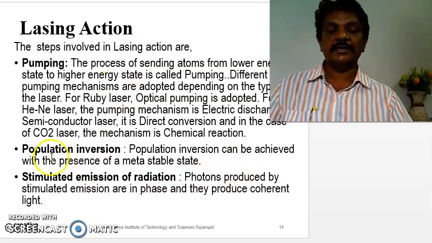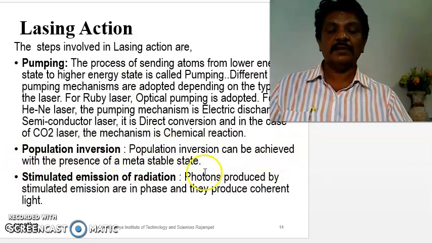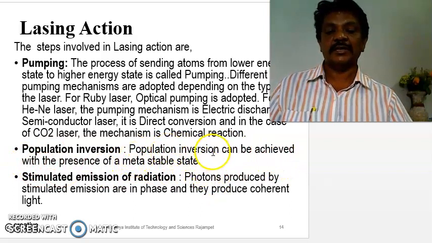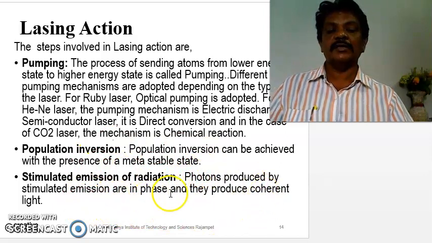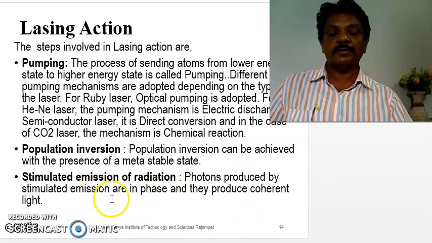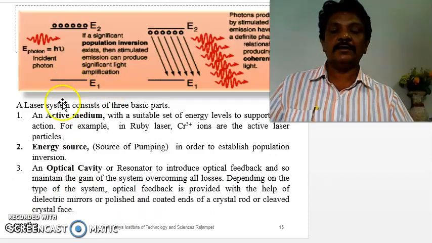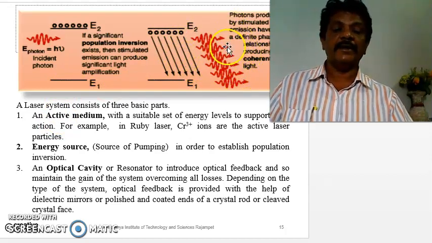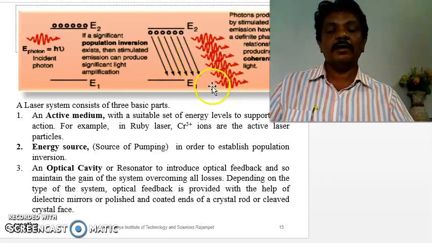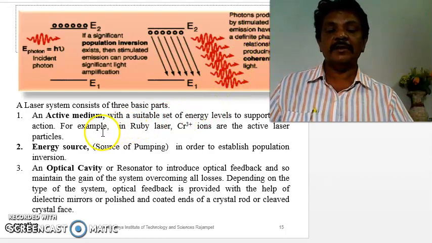The second condition: once you get the population inversion by creating a metastable state, we can supply photon energy to produce the stimulated emission process, and hence stimulated emission takes place. The stimulated emission is multiplied by the process of amplification, and that is done in an active media.